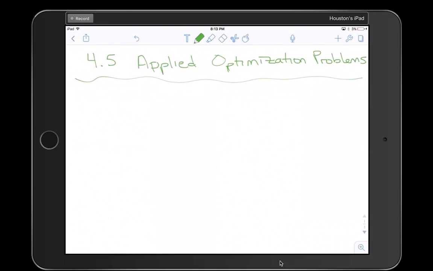Whenever we do these optimization problems, we're trying to optimize something, that is, usually find either a minimum or a maximum of something. For example, we might try to find the dimensions of a rectangle that have a fixed perimeter, which means, let's say you have a certain amount of fencing you want to use to encircle the outside, but you want to maximize the area.